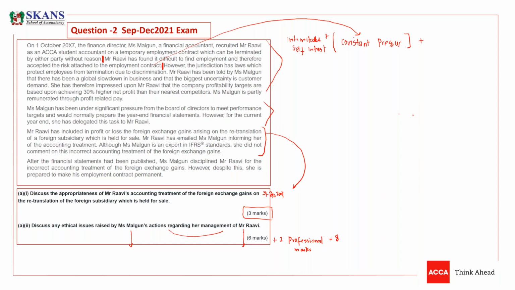Mr. Ravi has been told by Ms. Malgan that there has been a global slowdown in business and that the biggest uncertainty is customer demand. She has therefore impressed upon Mr. Ravi that the company's profitability targets are based on achieving 30% higher net profits than the nearest competitor.